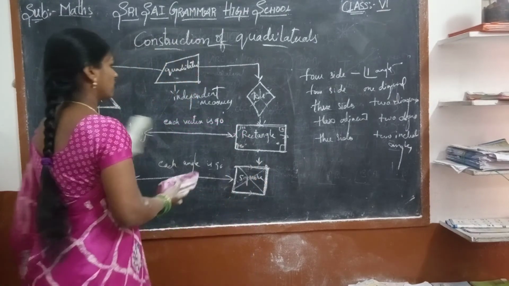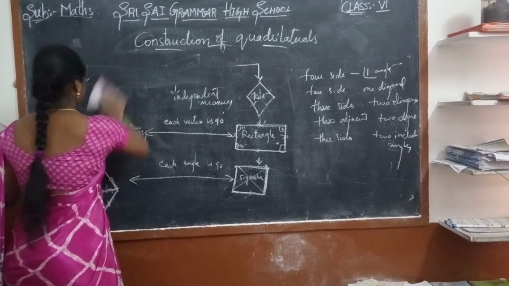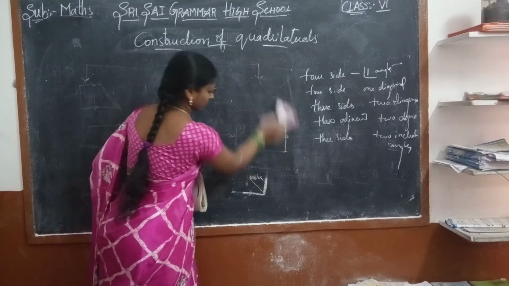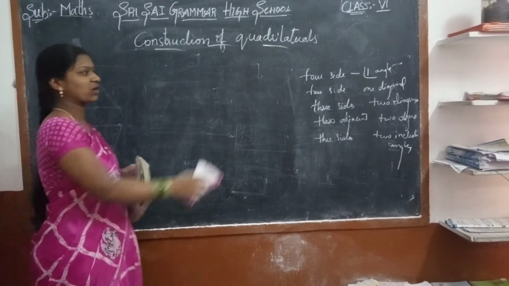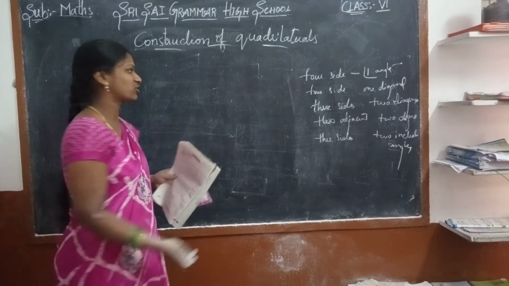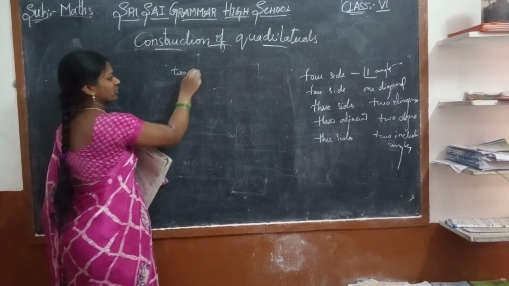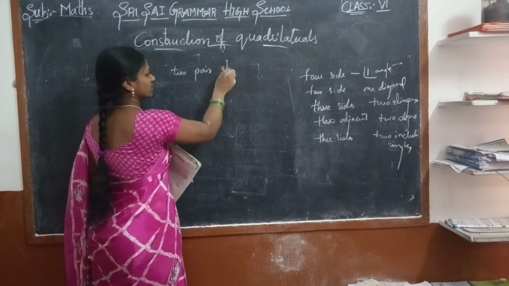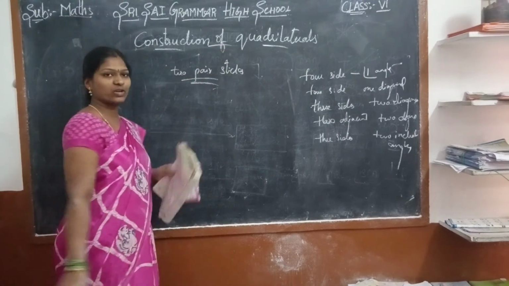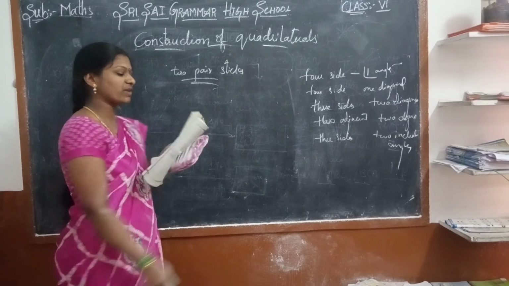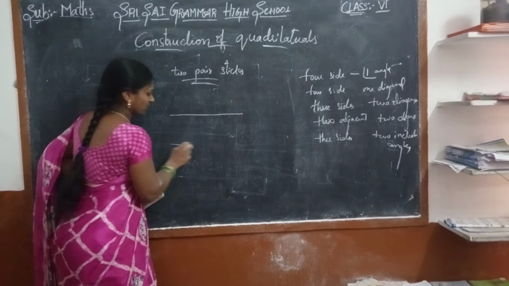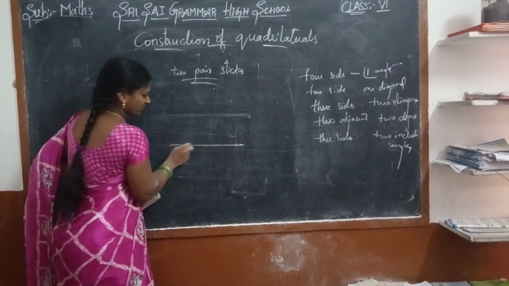Okay? Now see. We have learned how to construct triangles, and by example here we are taking two pairs of sticks. From this we are going to construct a quadrilateral. One stick is of 8 centimeters, so you have to draw an 8 centimeter line segment.